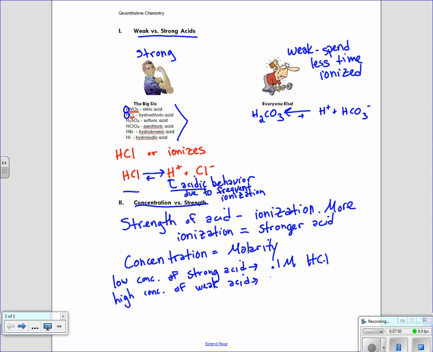So we could have maybe 10 molar H2CO3. You could also have kind of all of the other pairings. You could have a low concentration of a weak acid. You could have a high concentration of a strong acid. So I just wanted to show you that so you get in your head that strength of an acid is not the same thing as concentration.